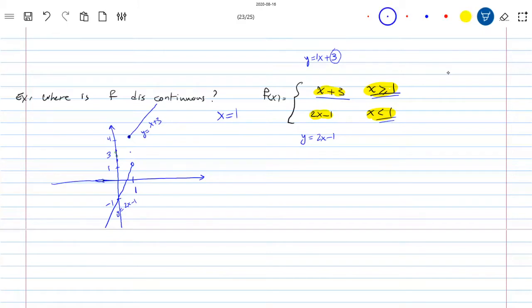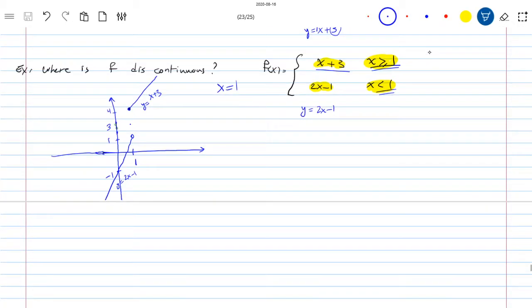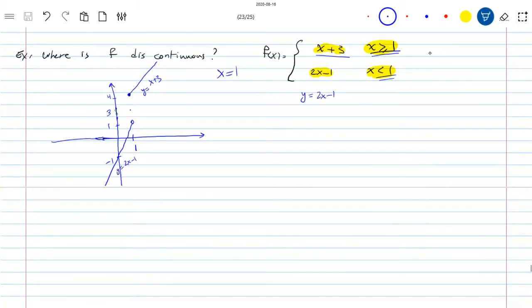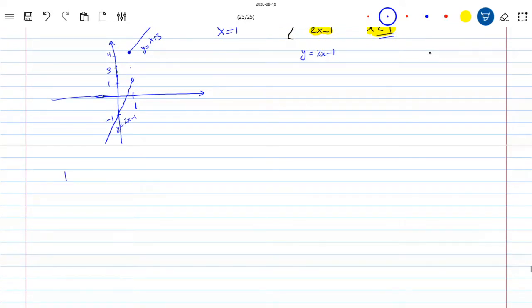So in these cases, if you cannot graph the function, you should calculate the limits and figure out the limit of f of x as x approaches 1 from the right side, as well as the limit as x approaches 1 from the left side. If these two are equal, then I can say the limit of f of x when x approaches 1 is that number.